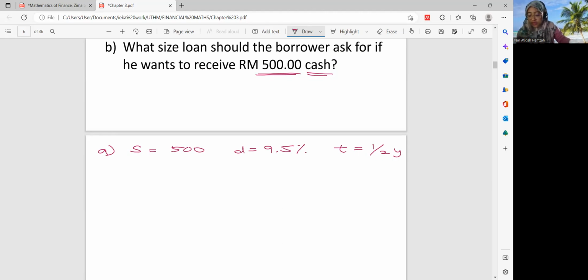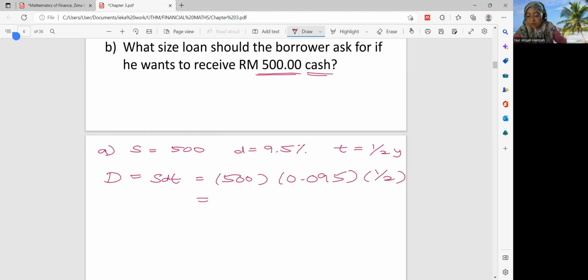We need to find D. D is equal to S d T. So we have 500 times 0.095 times 1/2 years.